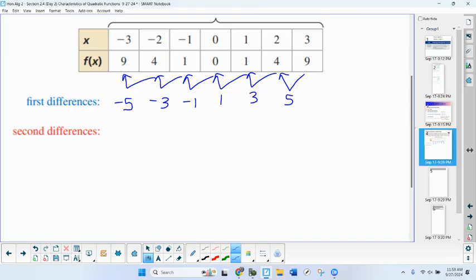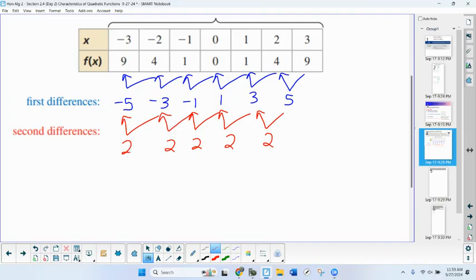So after you find the first differences and you see those are not the same, now you find the second differences. What is 5 minus 3? 2. What's 3 minus 1? Now, be careful. What's 1 minus negative 1? 2. What's negative 1 minus negative 3? 2. What's negative 3 minus negative 5? 2.